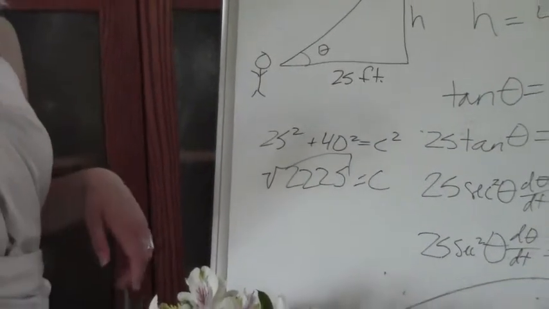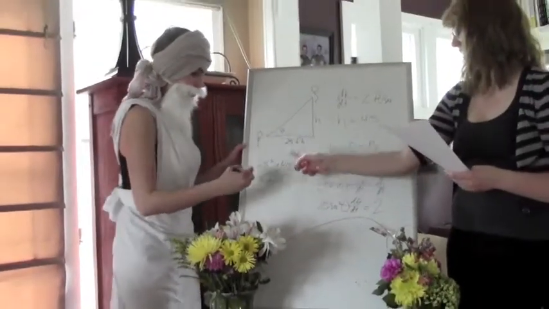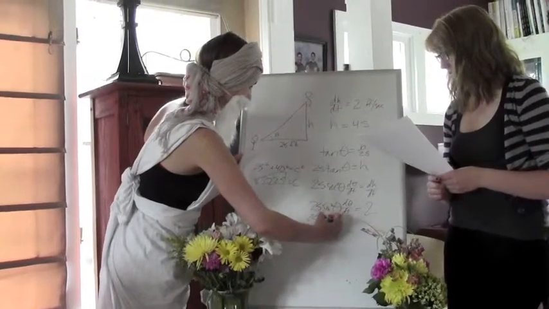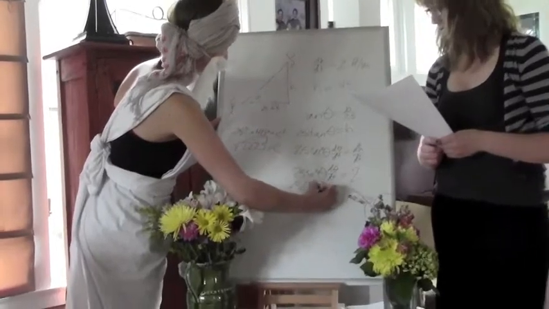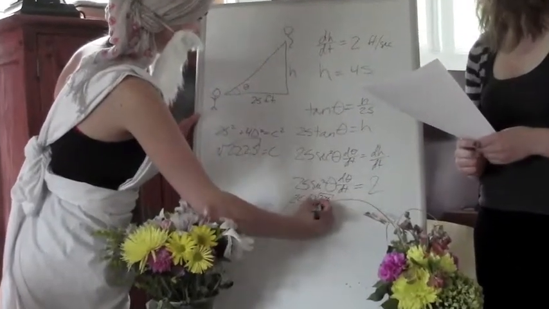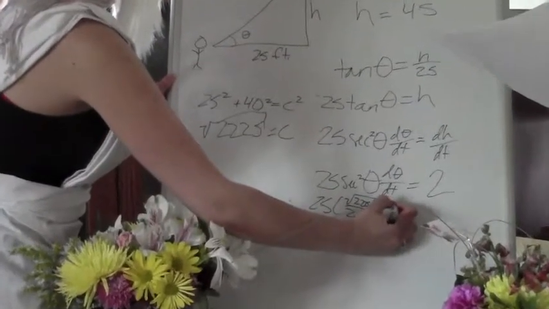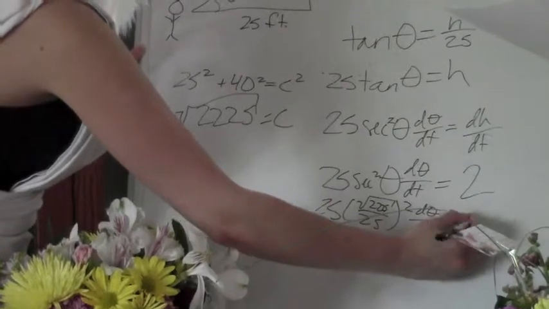We can now sub in our secant, which is hypotenuse over adjacent, so it's this over this squared. d theta dt equals 2.